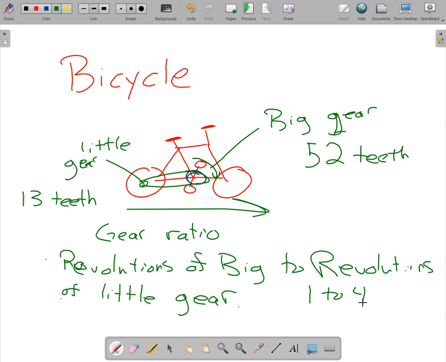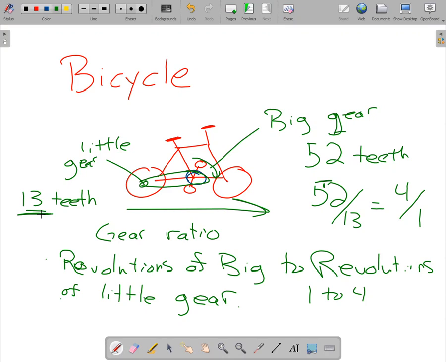How many times? 4 times. Yeah, so 52 over 13 is important. 52 over 13 is 4 to 1. And that just refers to how many times this needs to keep up.